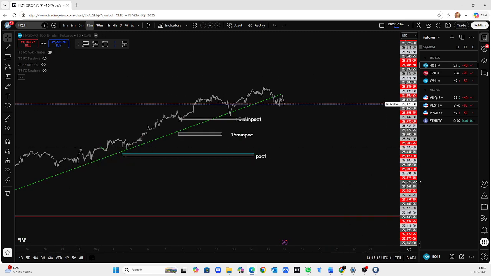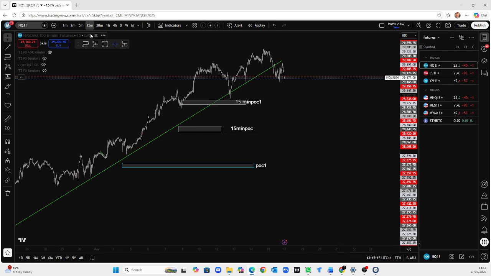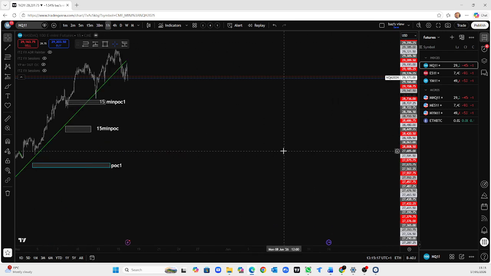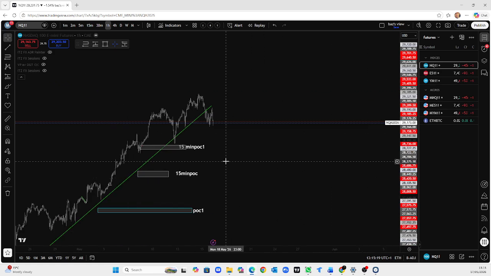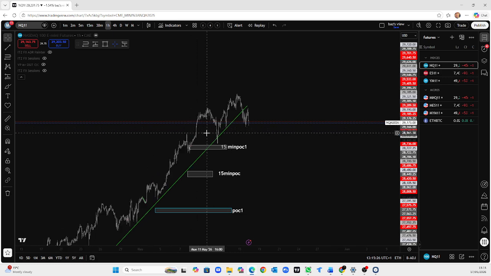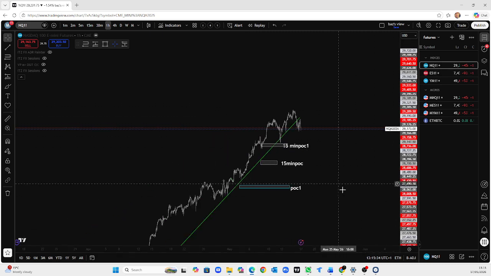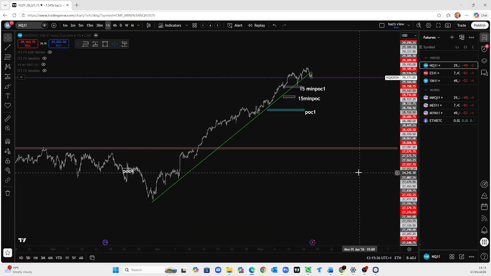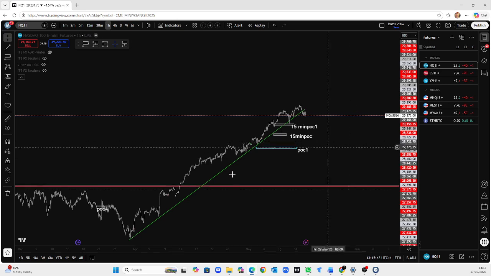Now, what I am anticipating, and what I would like to see, is if we have this level or this level close below on the hourly, a continuation down, because it's the first time we've had a clear break of the trend line.